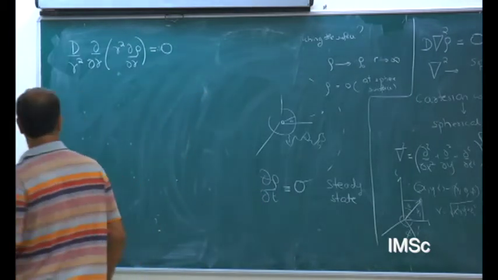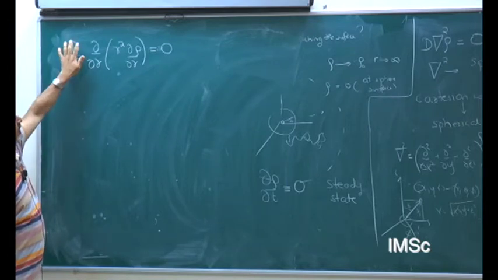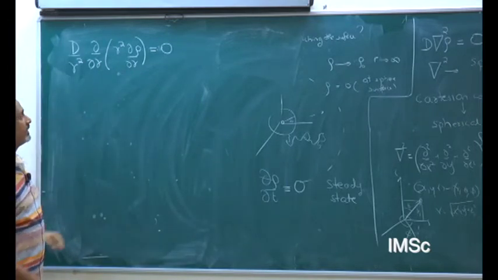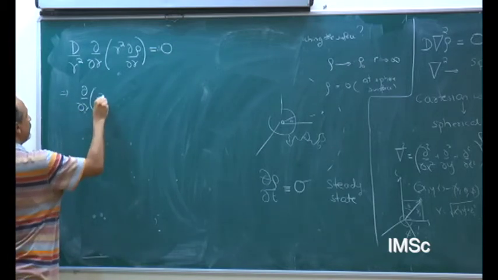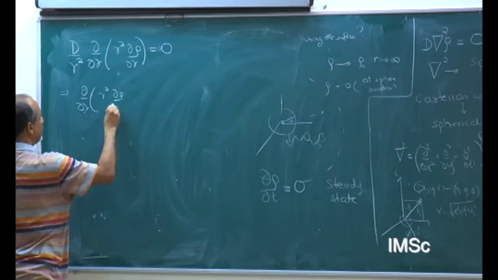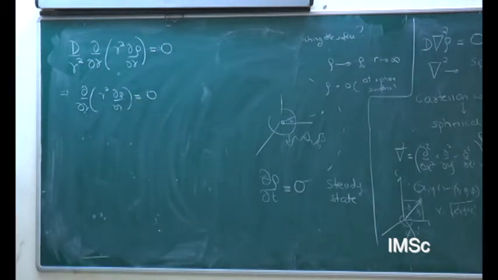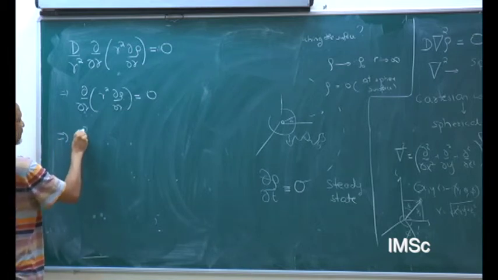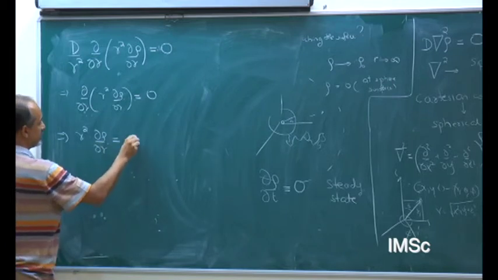Now this quantity, I just multiply by r squared by d, I can get rid of this because I have 0 on the right hand side. So this implies that delta by delta r of r squared delta rho by delta r equals 0. Which implies itself that r squared delta rho by delta r must equal a constant, call it c.